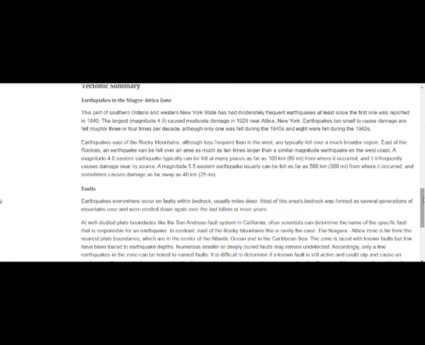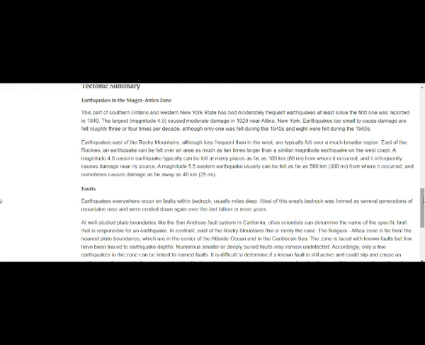The tectonic summary: this part of southern Ontario, western New York State, has had moderately frequent earthquakes, at least since the first one was reported in 1840. The largest, magnitude 4.9, caused moderate damage in 1929 near Attica, New York. There's a lot of upstate New York names that have Greek names.